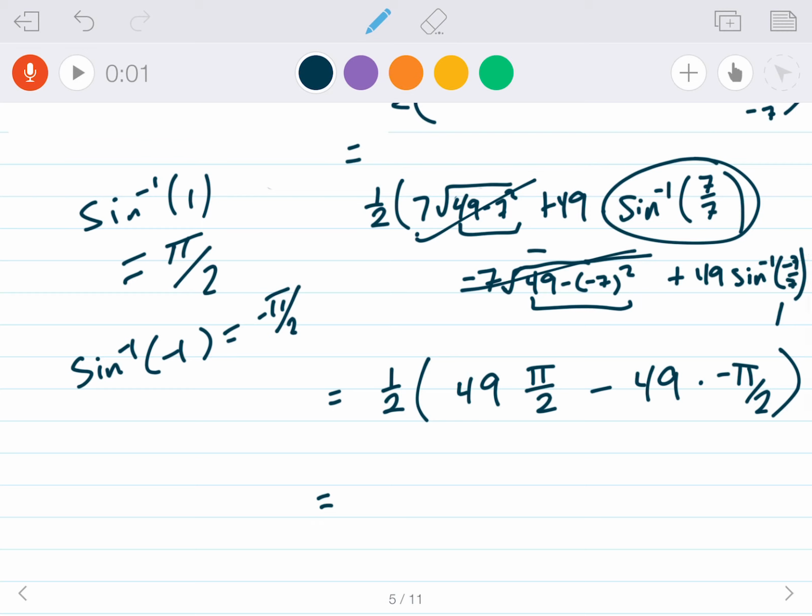Cleaning this up on the inside, I get 49 pi over 2 plus 49 pi over 2, because of the double negatives.